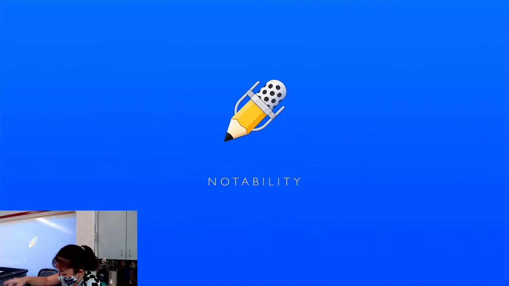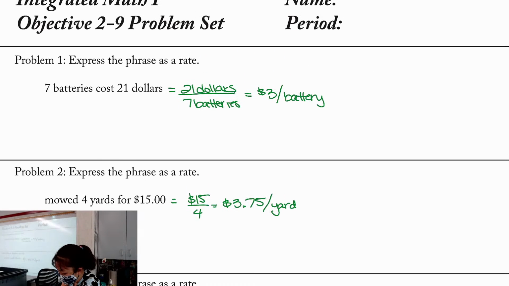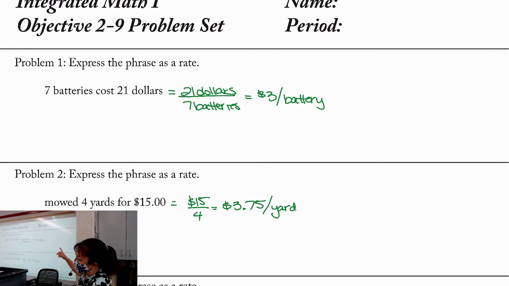To Jordan's question, because he asked about the problem set. When you start to look at the problem set, and I did these on the video, when I want the rate, I want like per battery, how much does it cost? Or how much money do you get if you mow 1 yard? That's what I'm actually looking for.